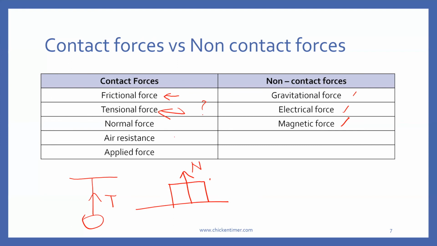The normal contact force keeps you from going through the ground. The ground prevents you from going through it, because the ground is pushing you up to keep you above the ground. If not, everything on the table will just go through the table.